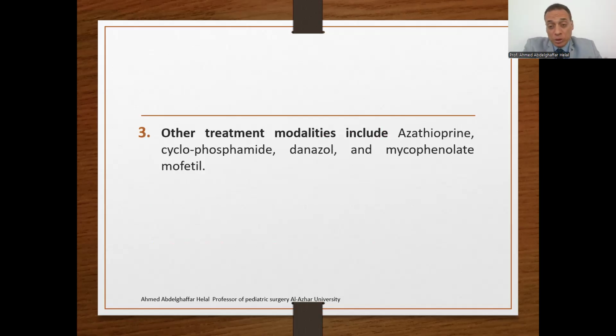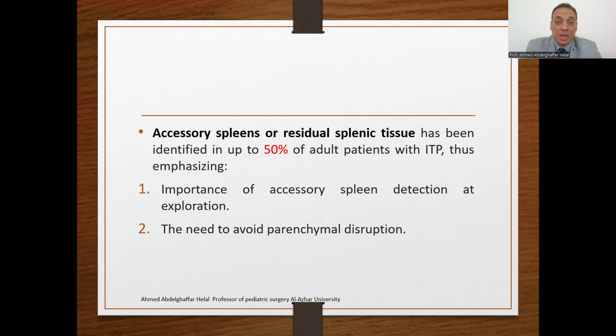The other treatment modalities may include azathioprine, cyclophosphamide, and danazol, as they try to eliminate these immunological disturbances that happen inside the spleen. Accessory spleen or residual splenic tissue has been identified in up to 50% of adult patients with ITP.